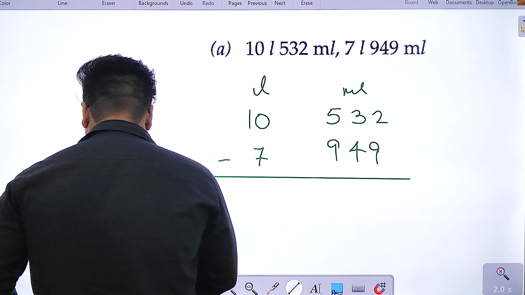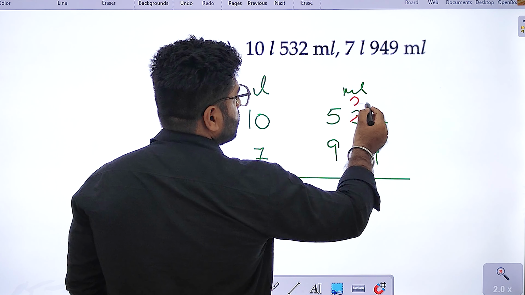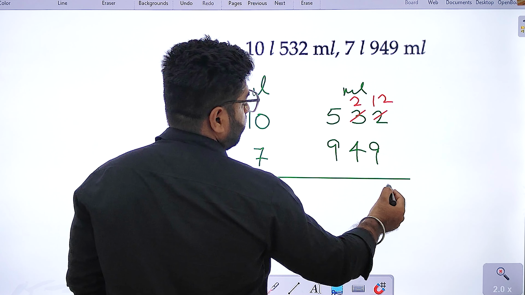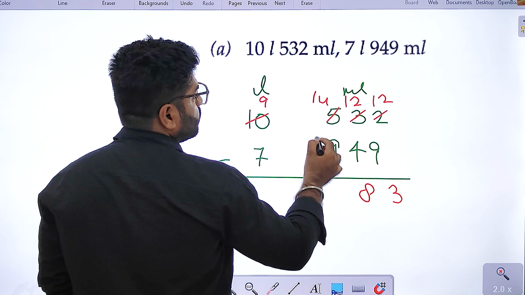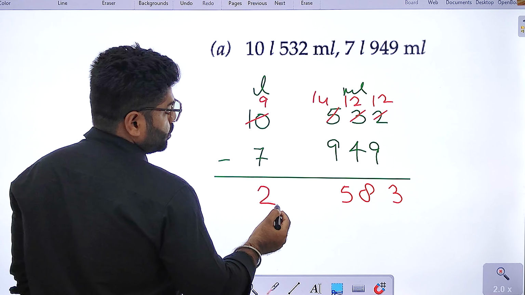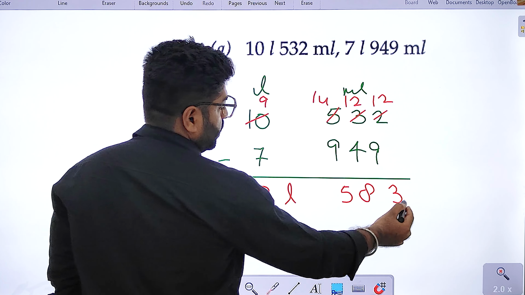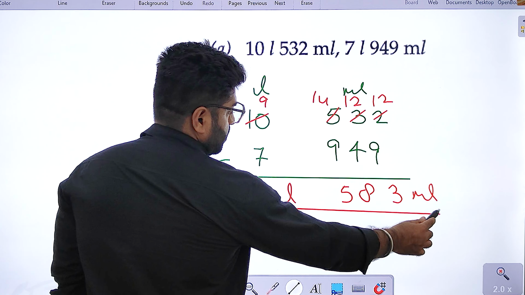Okay, here we are having 2 minus 9, not possible. So we can say that we have to take carry. This is 2 and this is 12. 3 and this is 4 and this is 12. This is 8. Not carry. Here we are having 9. This is 14. This is 5. 9 minus 7 is 2. Okay, here we are having 2 liter and 538 milliliter as an answer.